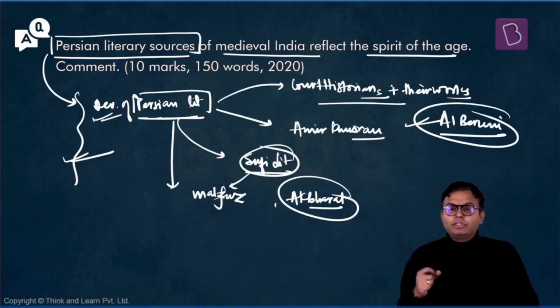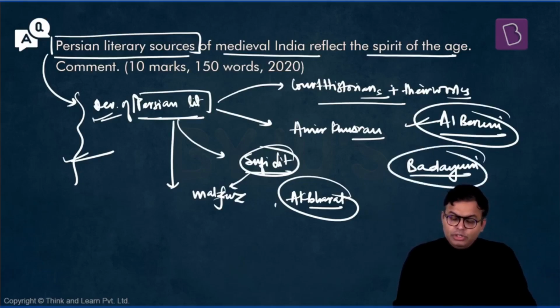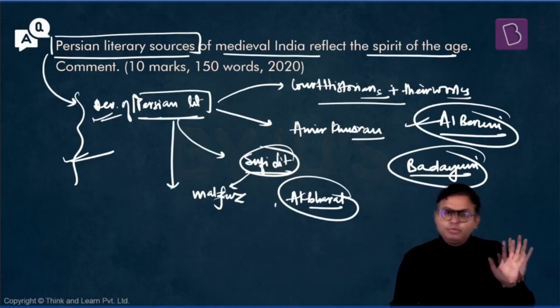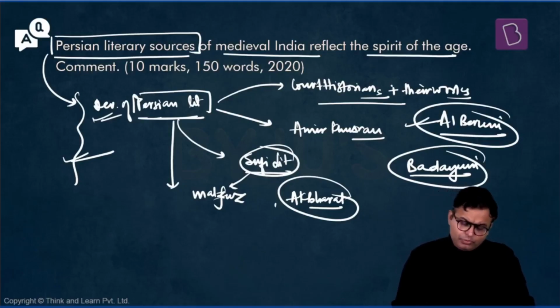When we talk about Abul Fazl, it's natural that Abul Fazl will be all praises. But on the other hand, Badayuni, who was a conservative Sufi follower, was critical of Akbar's rule and his policies. So it is famously said that where you stand reflects your stand. So you have to understand the nature of the patron and the author to understand the theme or the purpose of any work. That is how you have to do it.